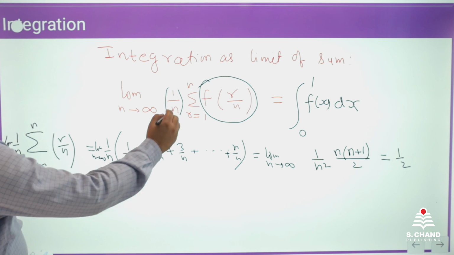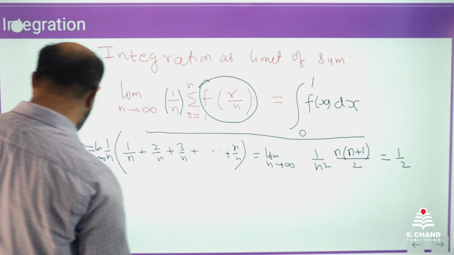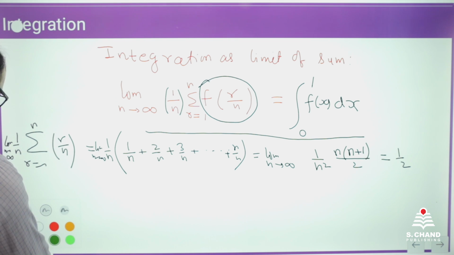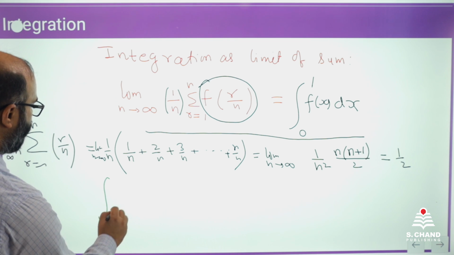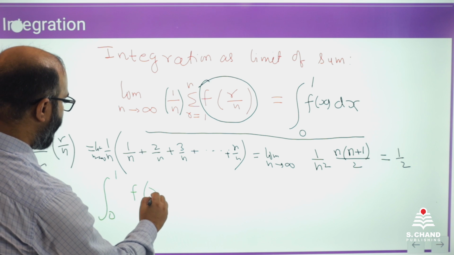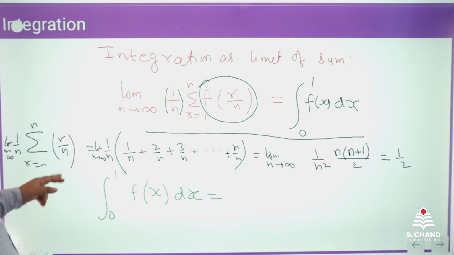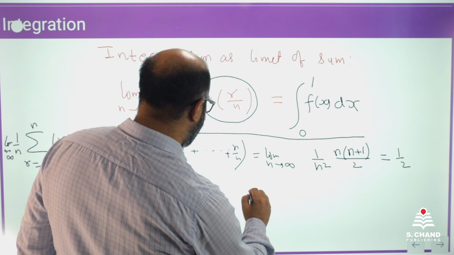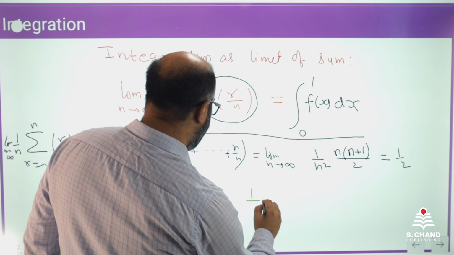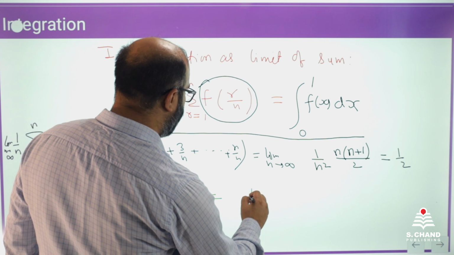Now you can use this result which we have discussed just now, and you can say that this is 0 to 1 f of x dx. Now what is f of x? It is r by n. So it is simply x, right?